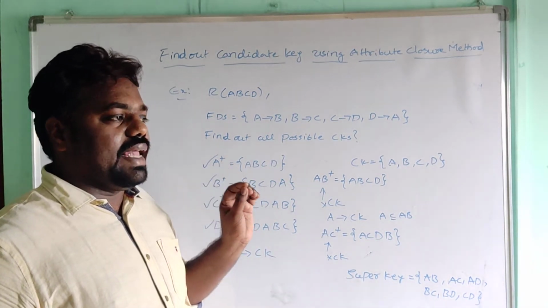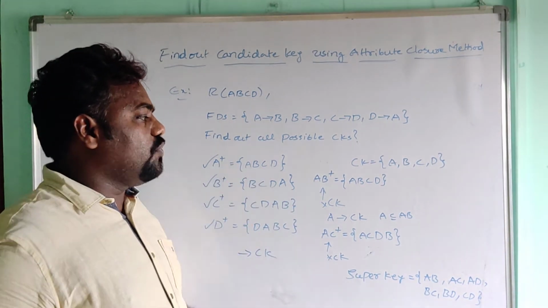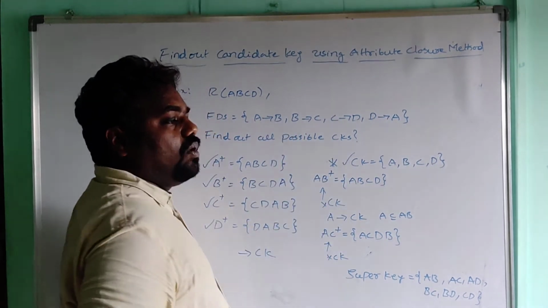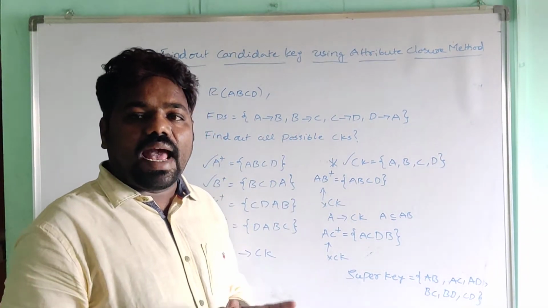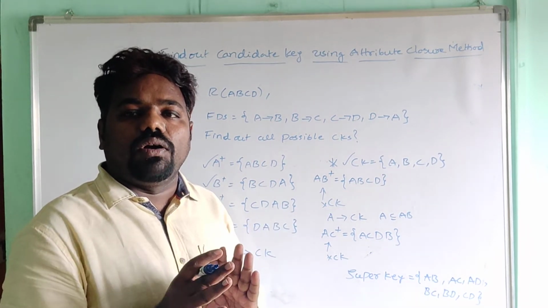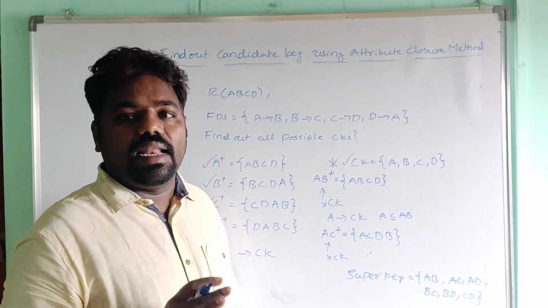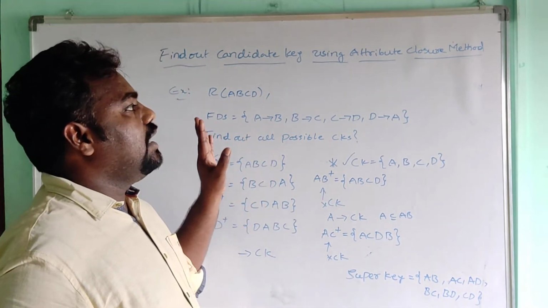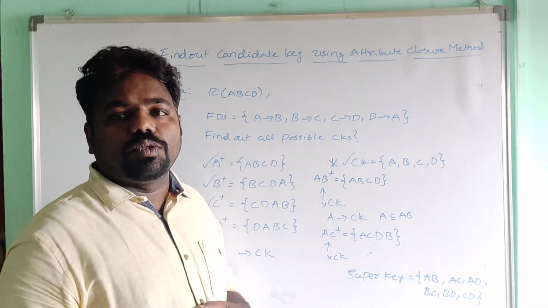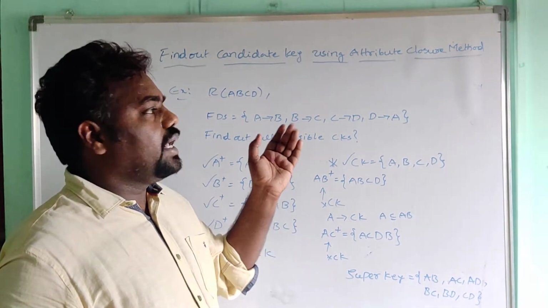In any GATE exams or UGC NET exams, they always ask for candidate keys, which is very, very important. What is a candidate key? The candidate key is a minimal super key which can determine all the attributes in a given relation. This is one method for finding all possible candidate keys for a given relation.